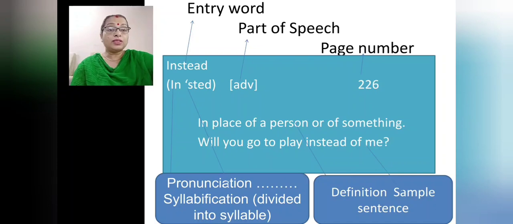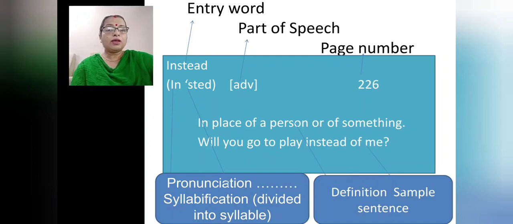Instead, here is a 2 syllable word, right? So in and stead. You find here stead is stressed. Divided into 2 syllables: in, stead. So stress is given to stead.